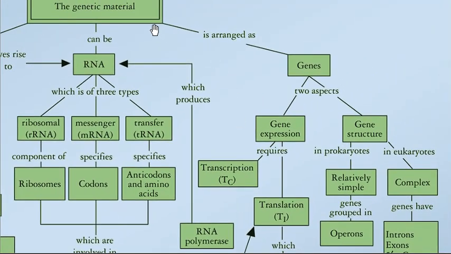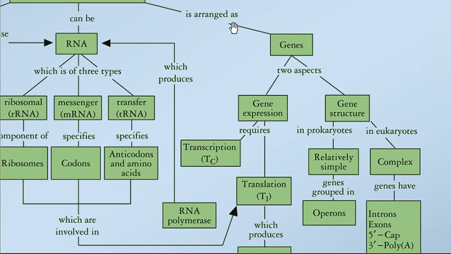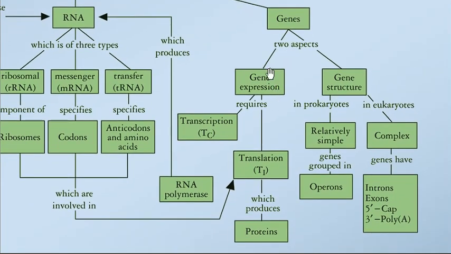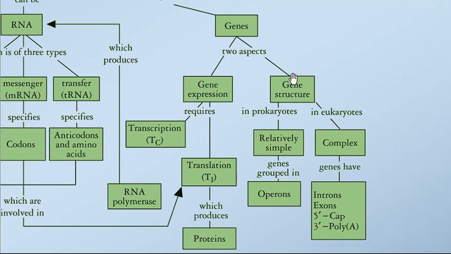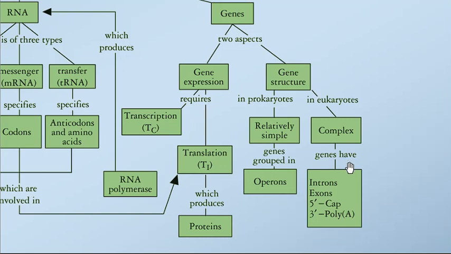Here the genetic material is arranged as genes, gene expression, and gene structure. Gene expression requires transcription and translation, which produce protein, and also the gene structure. In prokaryotes, relatively simple genes are grouped in operons, and in eukaryotes it is very complex, and genes have introns and exons, with a cap at the 5' region, and at 3' we have poly A.